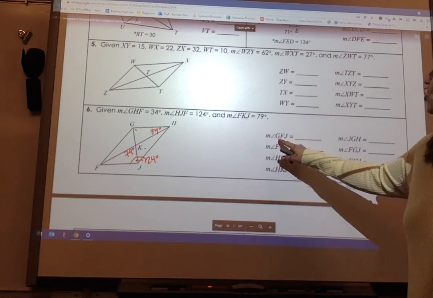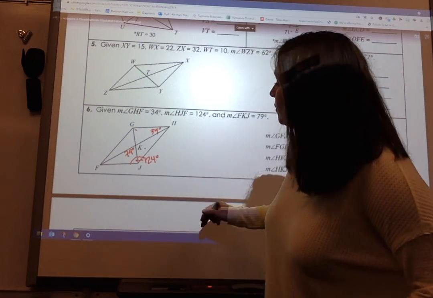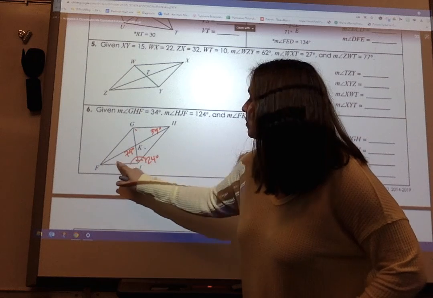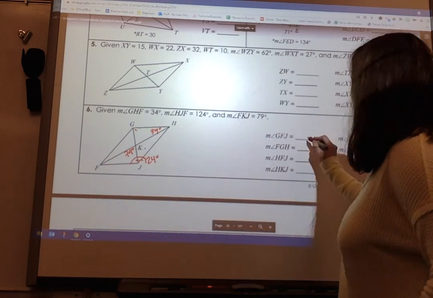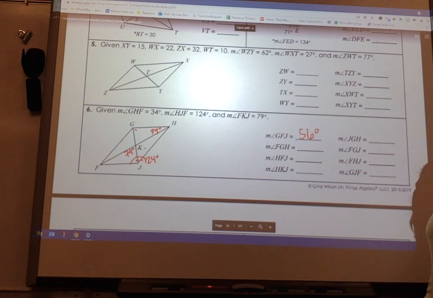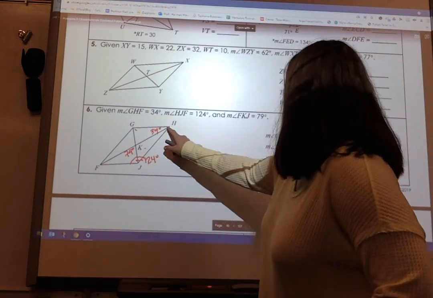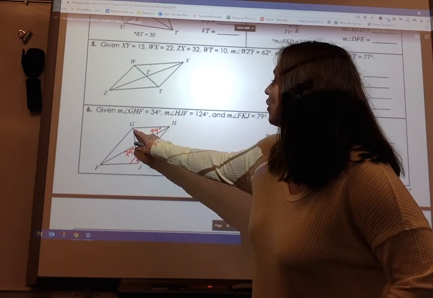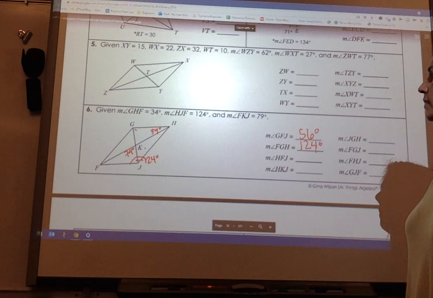So if you look at GFJ, well, if this one's 124, these guys are going to be supplementary to each other. So this one is going to be 56 degrees. Okay? GFJ is 56 degrees. If I'm looking for FGH, I know that these angles are opposite each other and opposite angles are congruent, so that one's going to be 124 degrees.